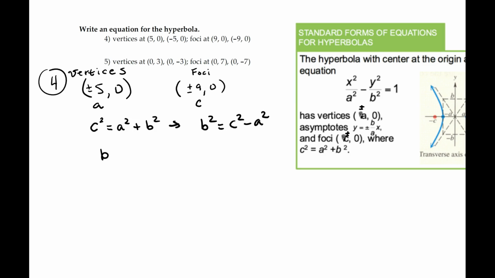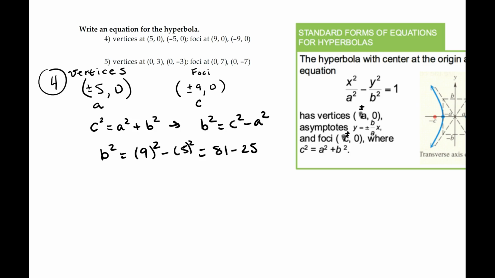So I'm going to say then B squared will equal 9 squared minus 5 squared. And so we get 81 minus 25.